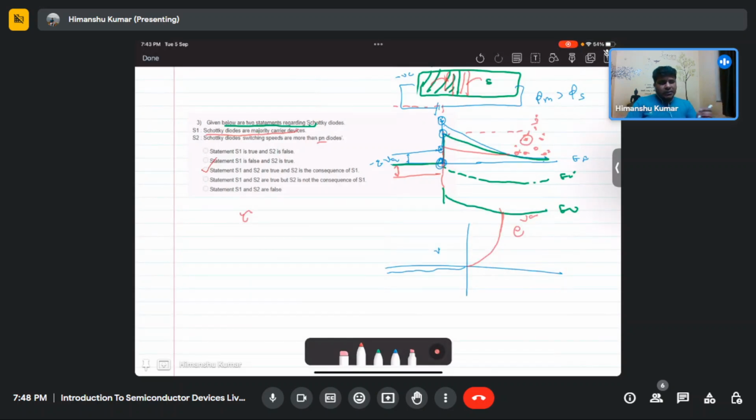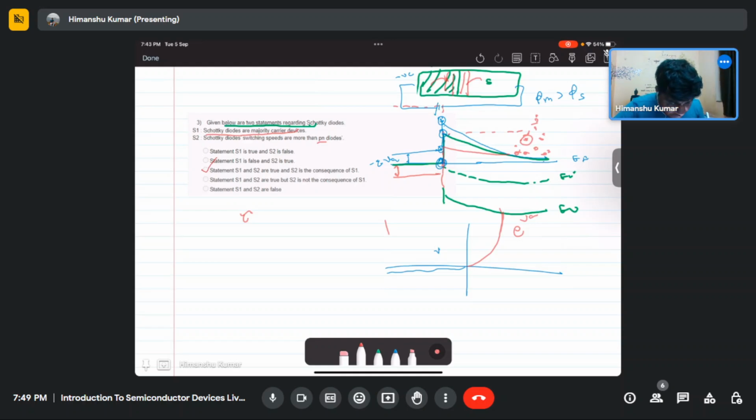Since in the Schottky junction there is no such charge storage, the removal of charge is not there, particularly removal of minority carrier charge. That's why these devices are fast compared to the normal PN junction diode, because there you need to inject or remove the minority charge carriers based on your bias level.